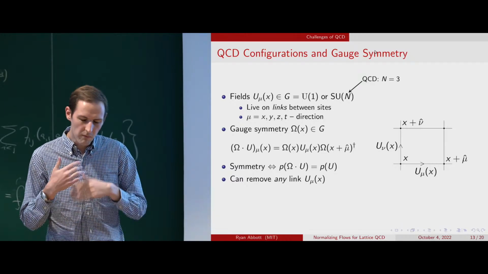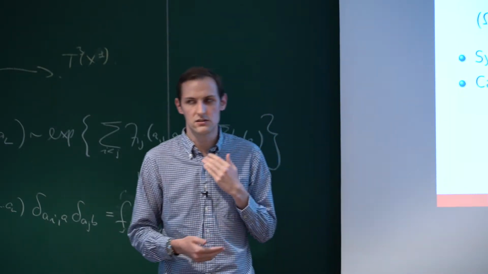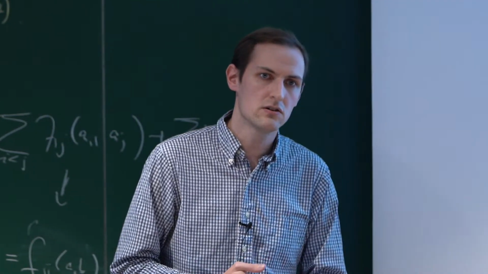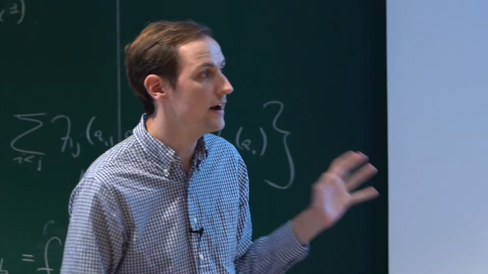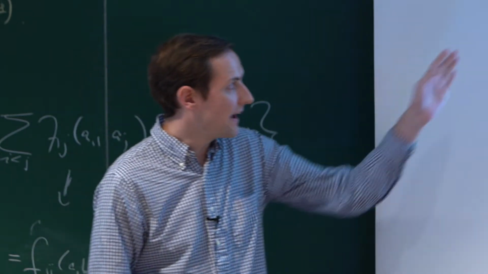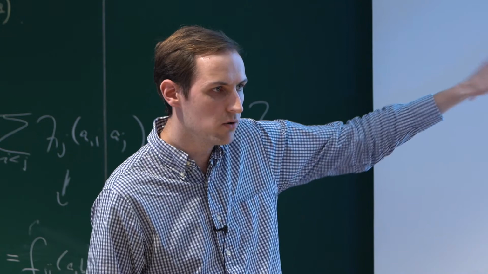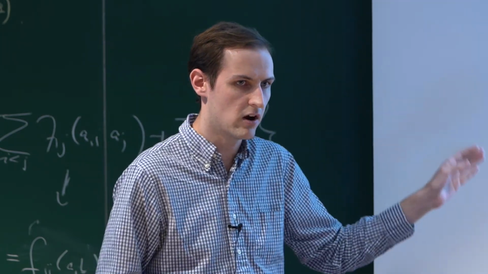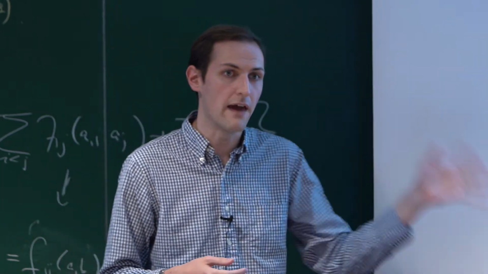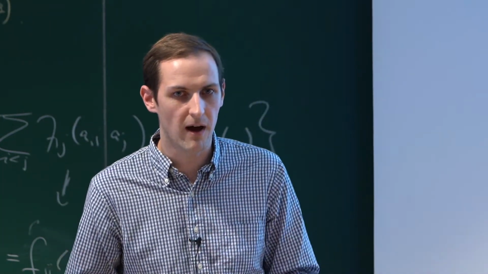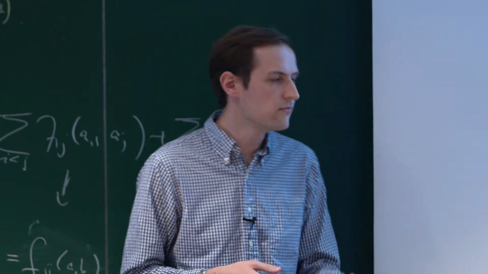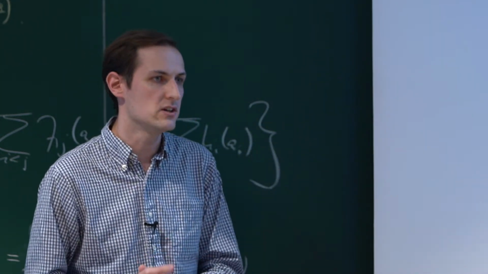One way to understand why this is so paradoxical, and why we really end up needing to understand gauge symmetry and incorporate it into our models, is to think about what you can do to an individual gauge link here. Note that omega of x and U in this formula are both elements of the same group, and you can choose omega arbitrarily. This means that you can really make U_mu be whatever you want with this formula. You can always apply a gauge transformation to fix U_mu to whatever you want, so you can imagine you can remove any gauge link from your action.